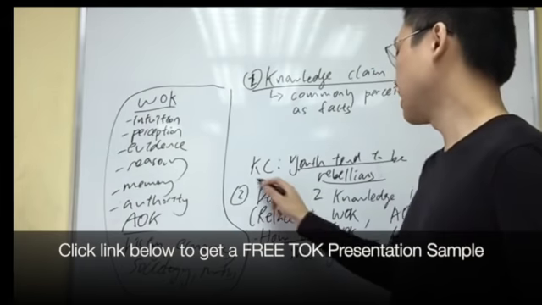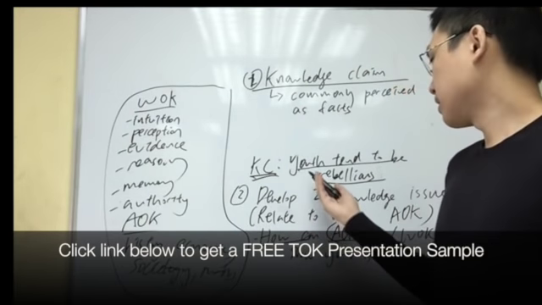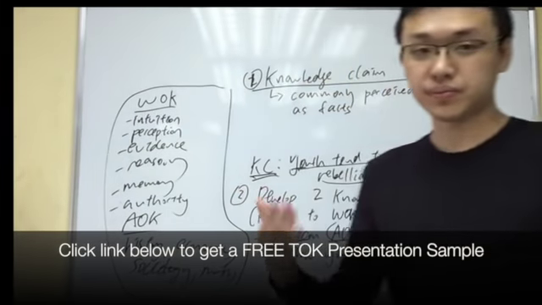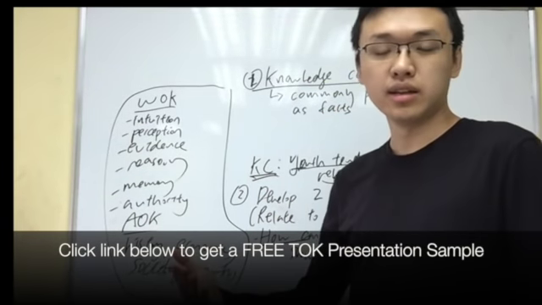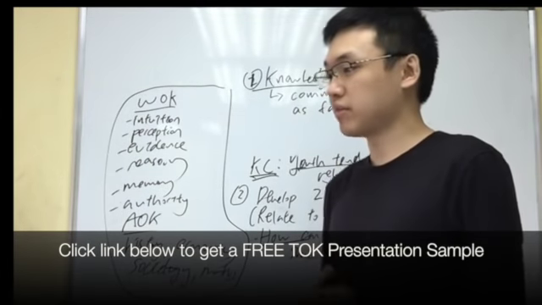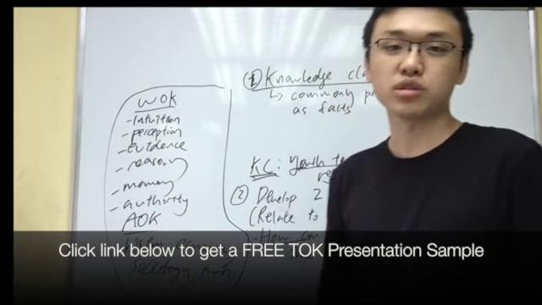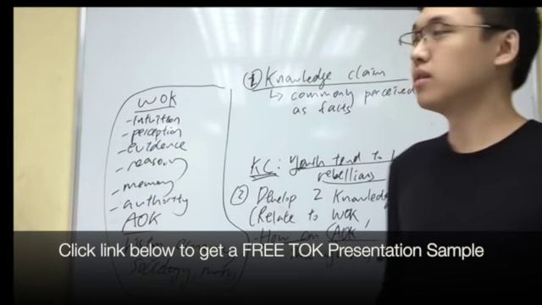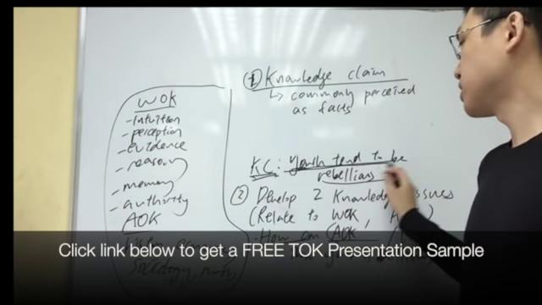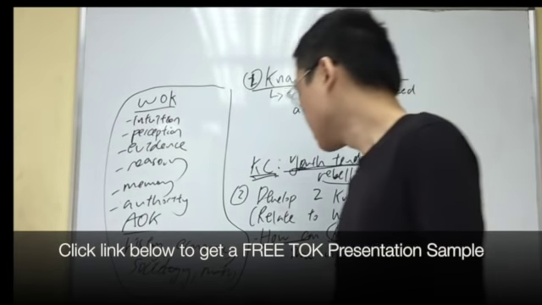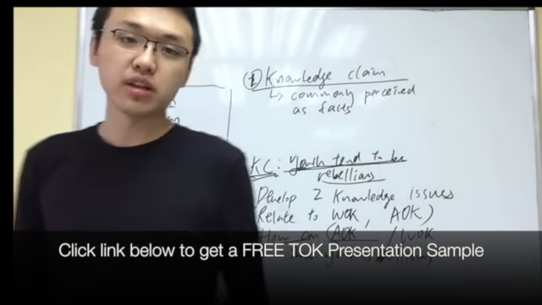One knowledge claim would be that youth tend to be rebellious. So you can say something like, recently there have been massive demonstrations in Hong Kong. The youth have occupied the streets fighting for universal suffrage. There has been a lot of opposition from older people, and it is commonly perceived that youth tend to be more rebellious.